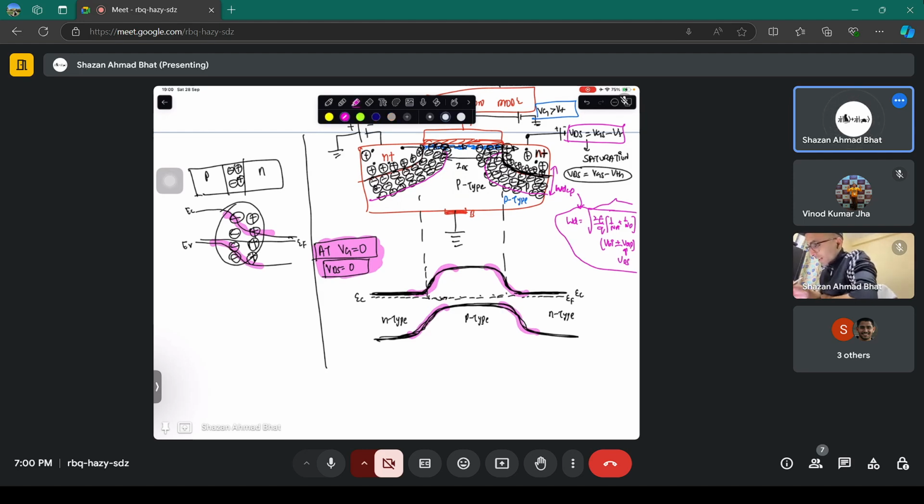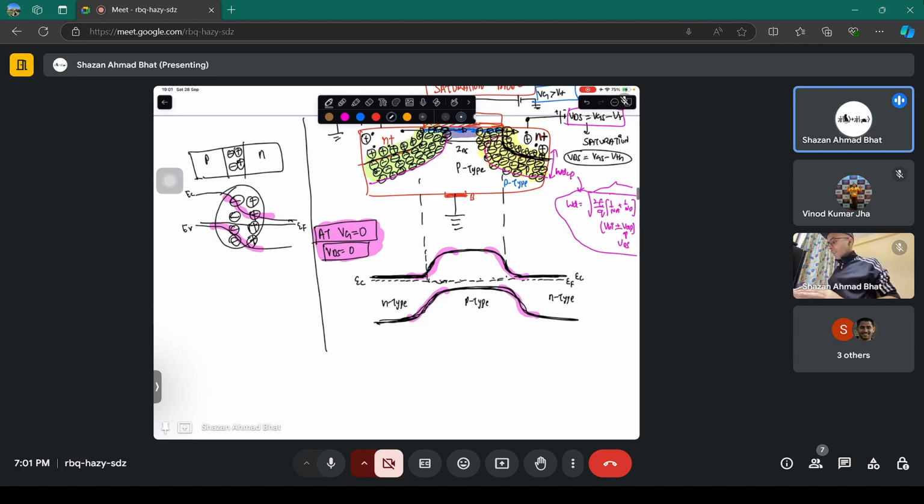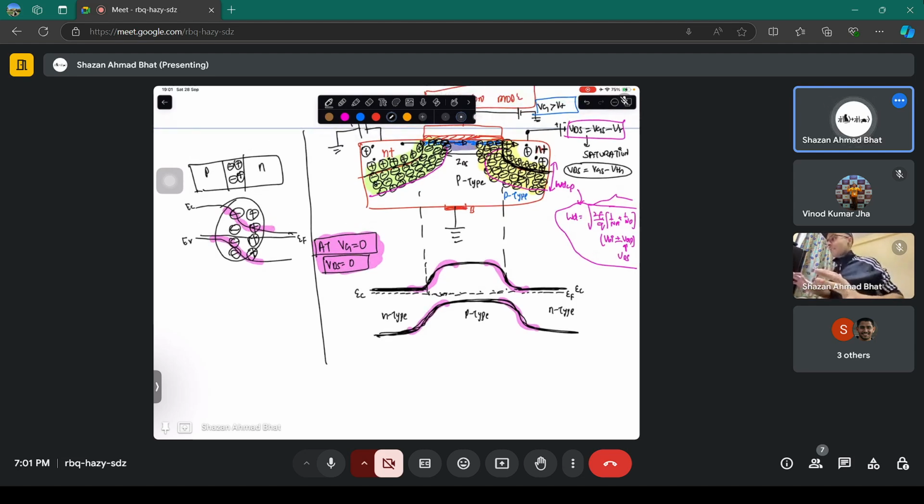So this is the depletion region of this side, this is the depletion region of this side, and this is the channel. Now, further more complicated. The depletion region always exists once the MOSFET is made. You don't need a voltage to make the depletion region, just like in a PN junction.